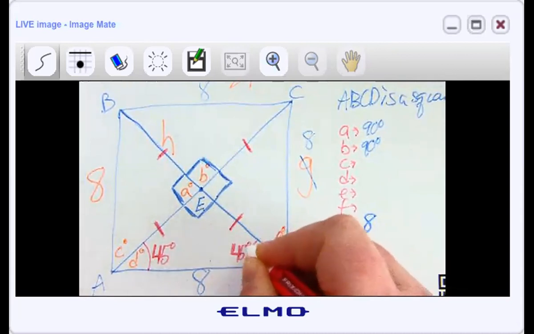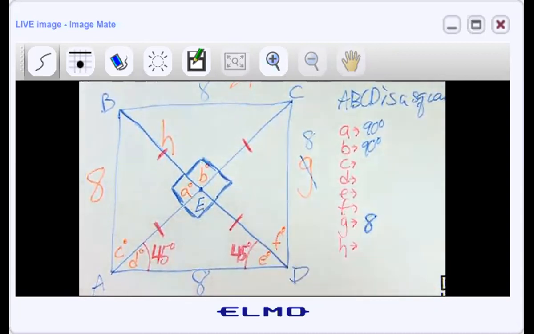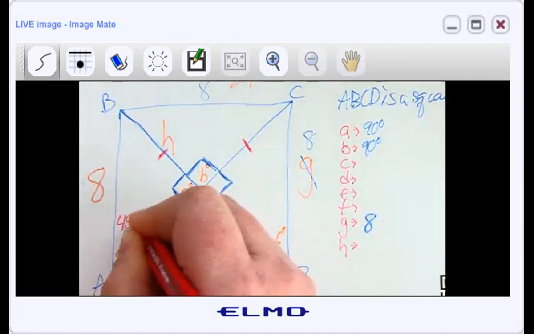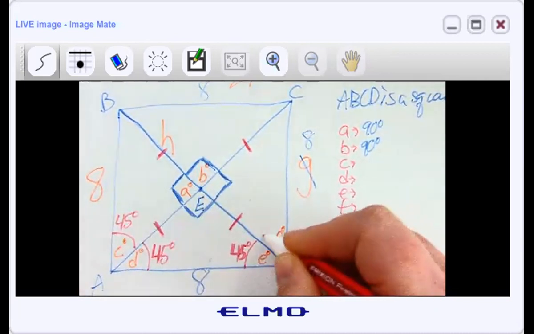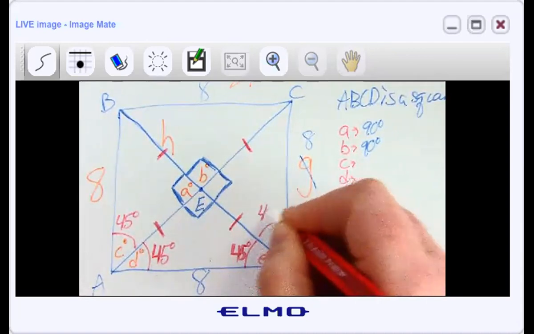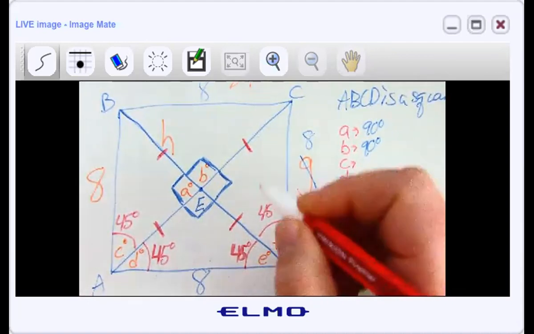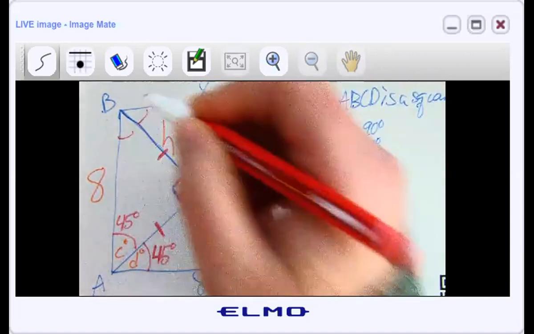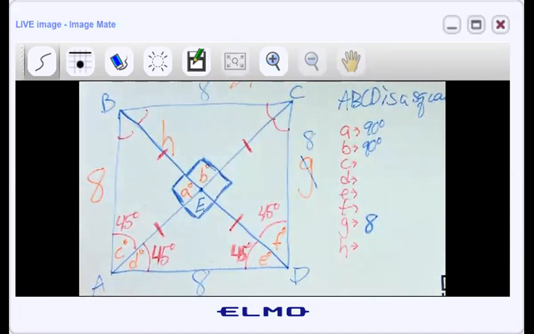And then since we know that the diagonals bisect the angles, that means C is 45 degrees because it matches, right? And F would also be 45 degrees. And if I had asked you about any of these angles, all of these angles would match. They're all 45, all of them. That's so cool.